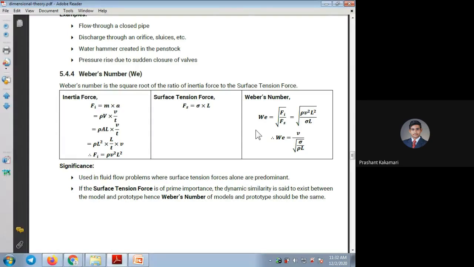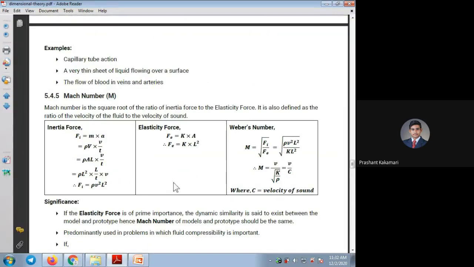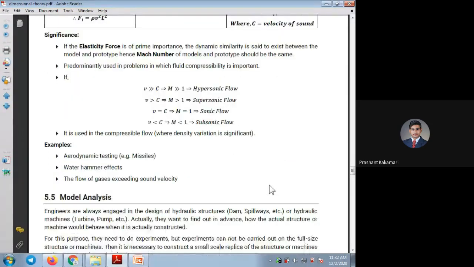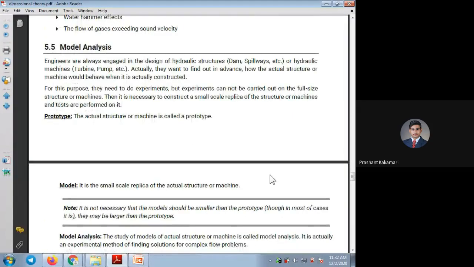If you take the ratio under root of inertia force to pressure force, it is the Euler number. If you take the ratio under root of inertia force to surface tension force, that is called the Weber number. The last is the Mach number: if you take the ratio under root of inertia force to elastic force, it is called the Mach number. So these are the five dimensionless numbers we have seen in the dimensional analysis chapter.